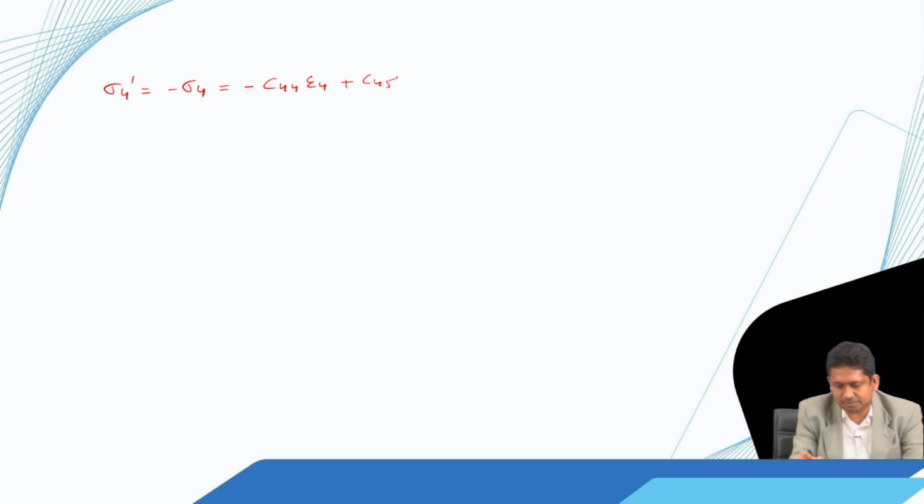Now, we can do this for sigma 4 prime, which is equal to minus sigma 4, and so minus C44 into epsilon 4 plus C45 into epsilon 5, and then we have sigma 4 is equal to C44 multiplied by epsilon 4 plus C45 into epsilon 5, and let us call this as equation number 7 and equation number 8.